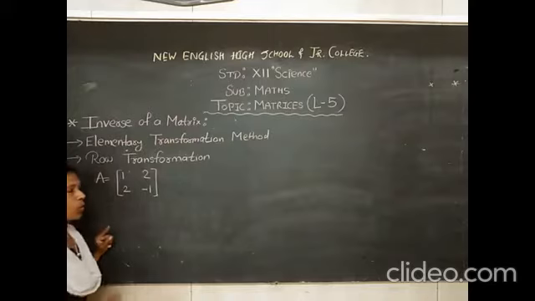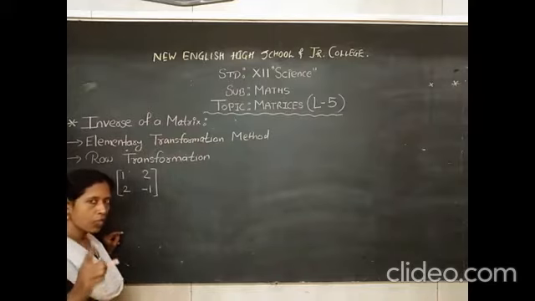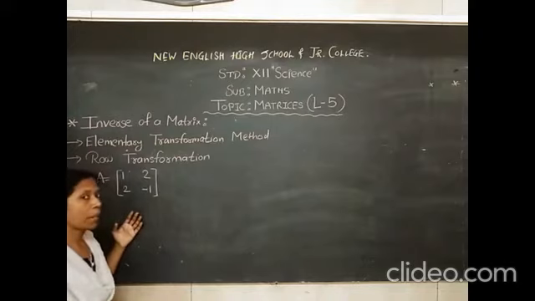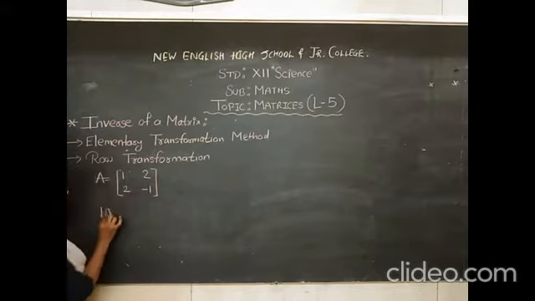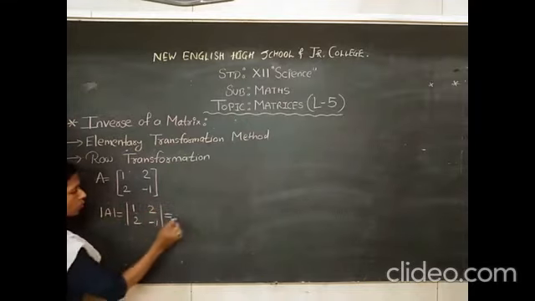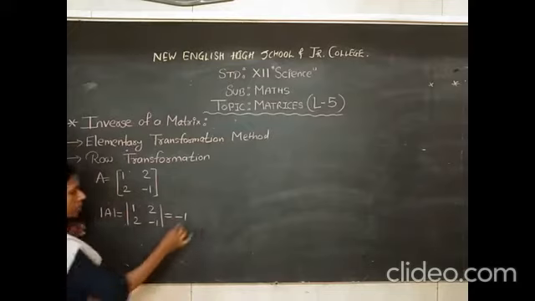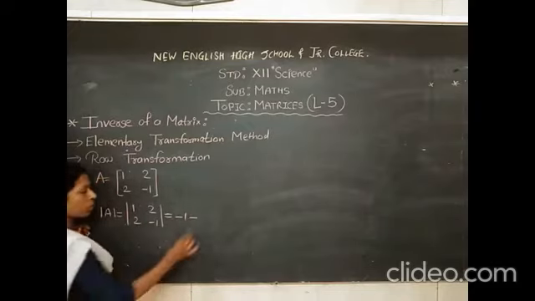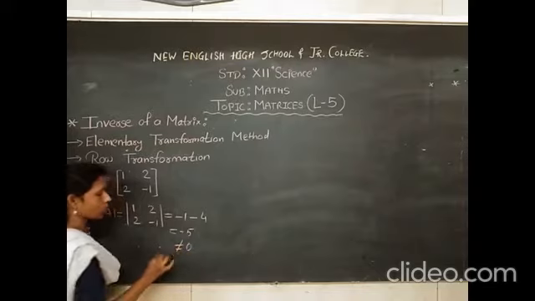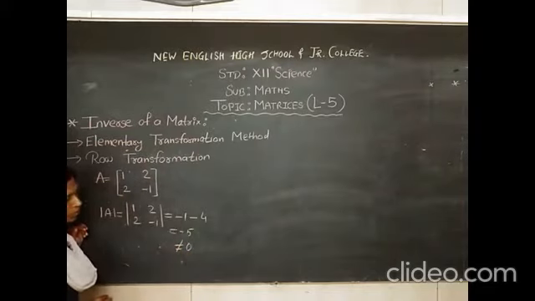We know that before finding the inverse, we should check its determinant. That means whether this matrix is singular or non-singular. So determinant of A equals determinant of 1, 2, 2, minus 1, which equals 1 into minus 1, minus 2 into 2, which equals minus 5, which is not equal to 0.